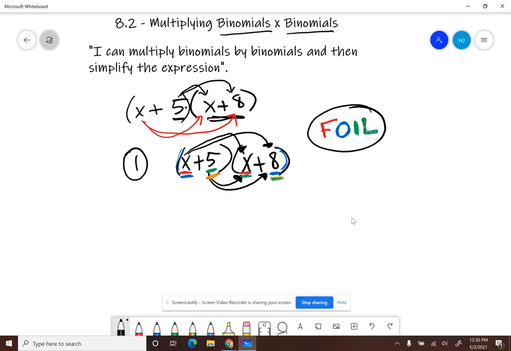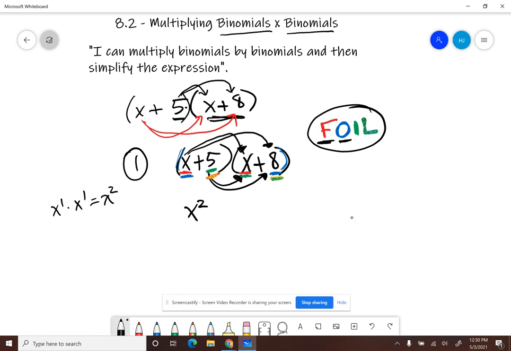So let's work through one of these problems. We're going to do this first step, which is the first terms. So x times x. Now think about this. You've got x to the first times x to the first. What does that make? Again, when I multiply exponents, I actually add them, so that makes x squared. So this becomes x squared. Now I'm going to take my outer terms, which are my blue ones.